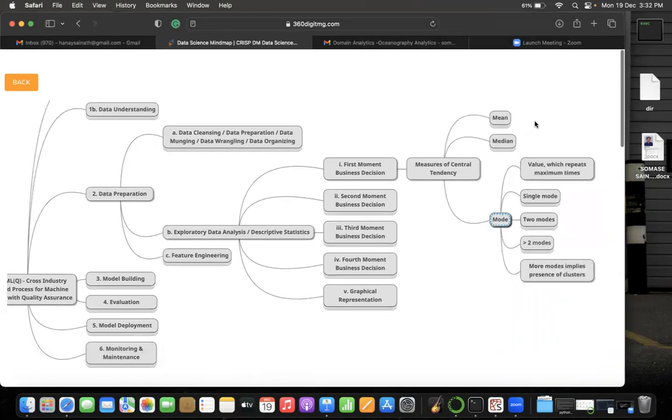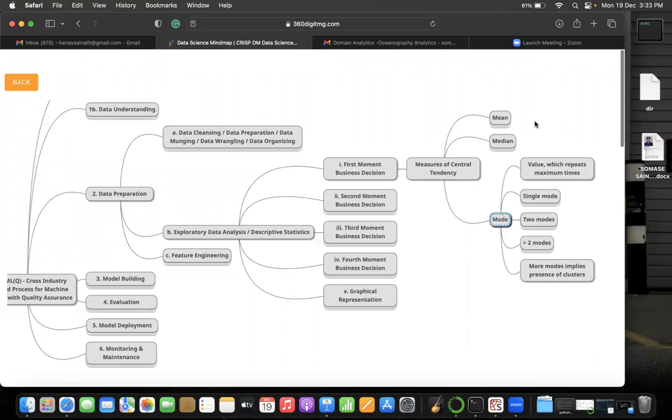So in the mode we have the mode of the data set, which is the number that occurs most of the time in the data set. Here there are two steps. We have to calculate the frequency of occurrence of each value in the data set.